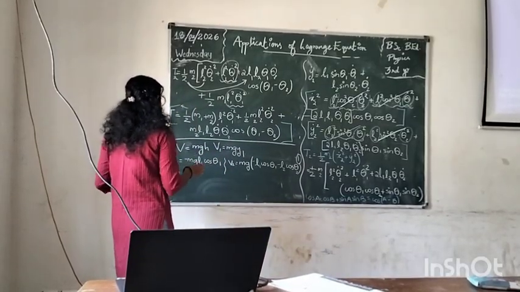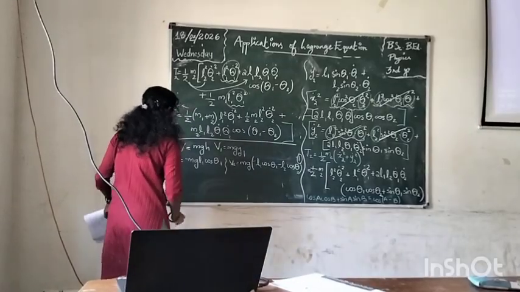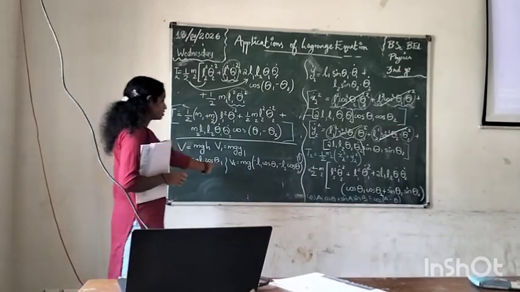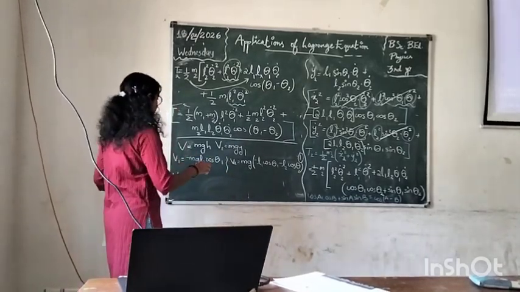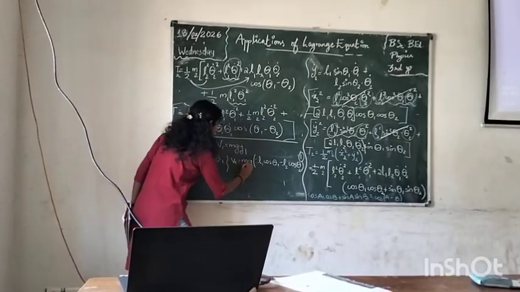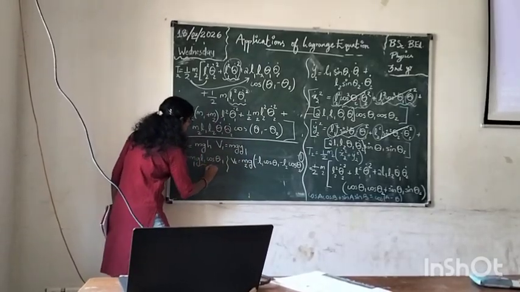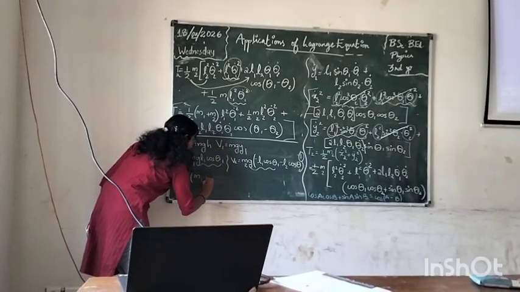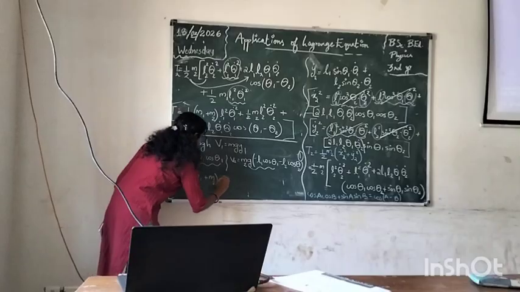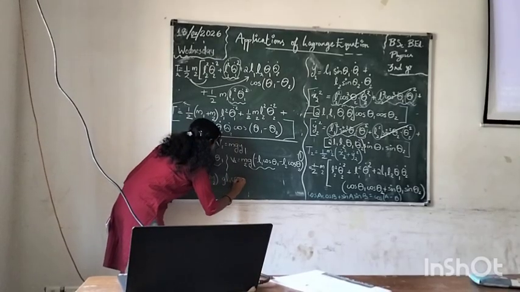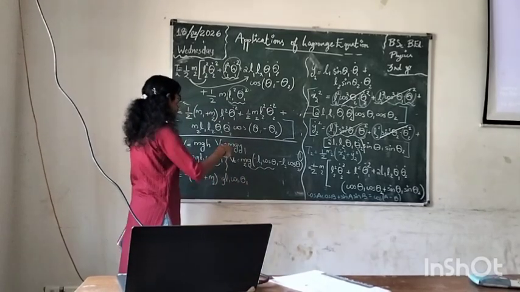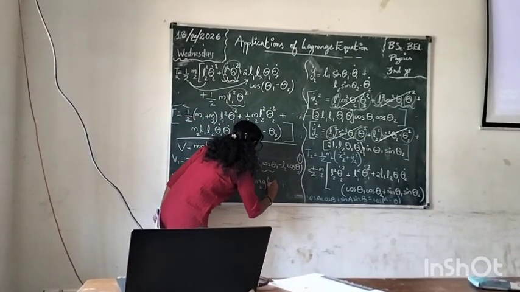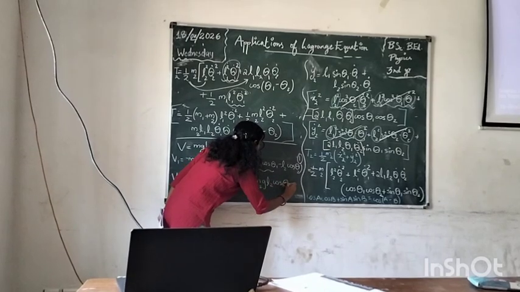So our total V will be minus (m1 plus m2) g L1 cos theta 1 plus minus m2 g L2 cos theta 2.